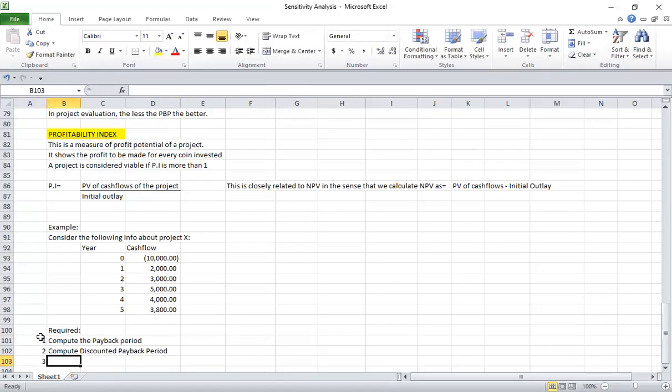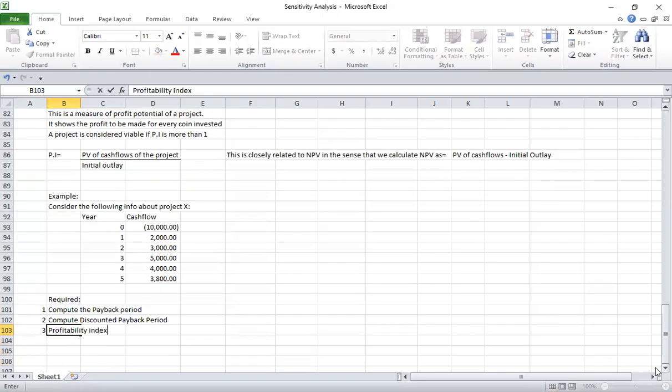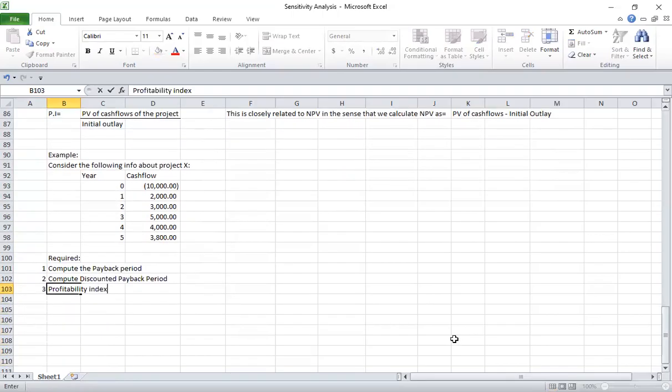And then number three, we compute the profitability index. And then possibly you can add number four, you compute NPV. Number five, you compute the internal rate of return.